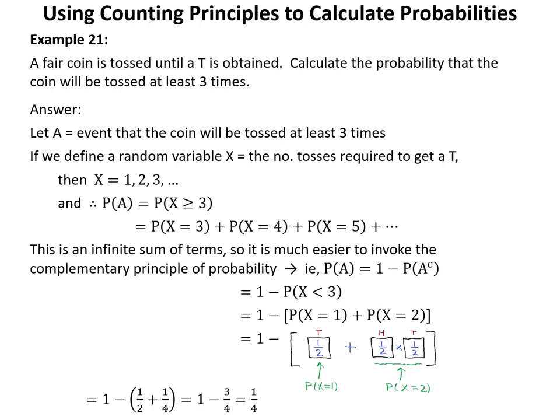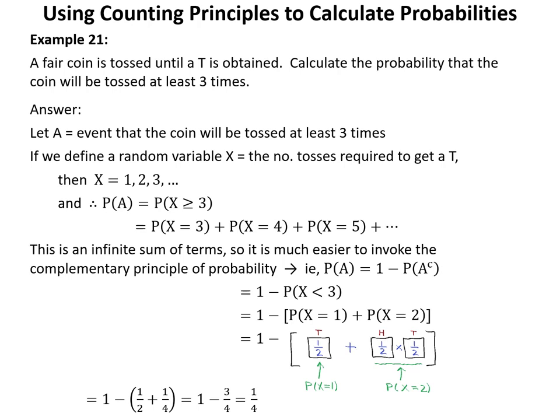And the diagram on the slide illustrates just how straightforward it is to calculate these individual probabilities. We use the boxes here for simplicity's sake. The probability that x equals 1 is just the probability of getting tails on one toss of the coin, and obviously for a fair coin that'll be just 1/2. And the probability that x equals 2, now this experiment always ends with a tail.